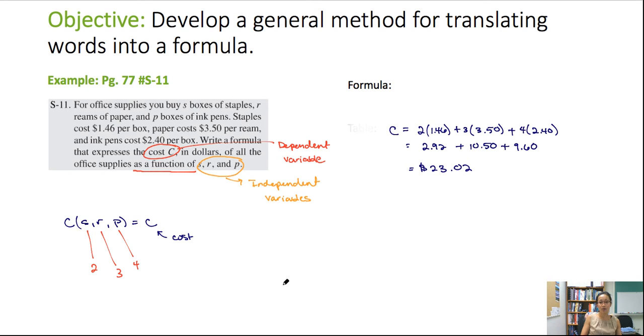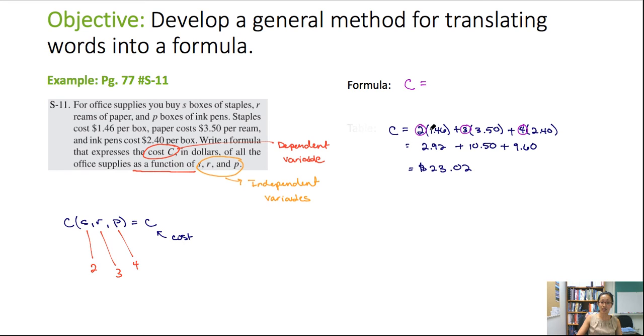We can work this out again using different numbers for S, R, and P, but I hope you can see we don't really need to do that because there is a general pattern here for getting the total cost. The total cost of buying office supplies depends on the number of boxes and reams of paper that we purchase of each of these items, and they change.